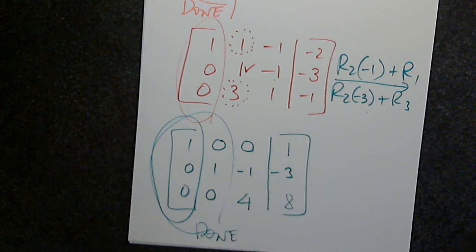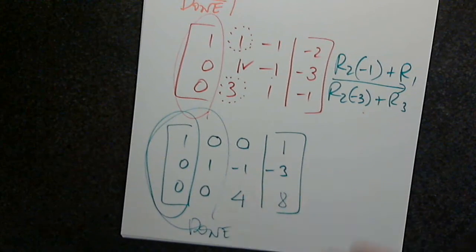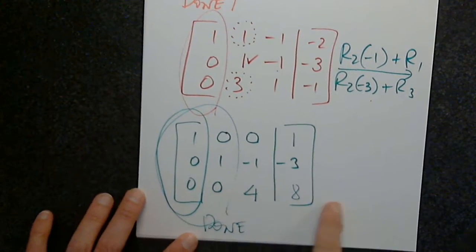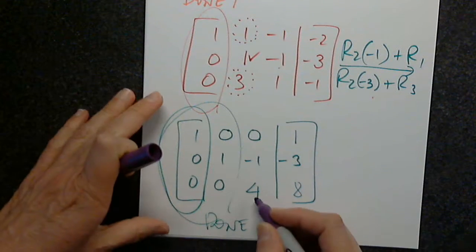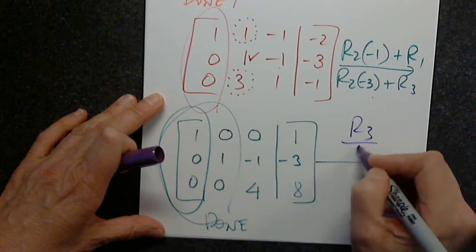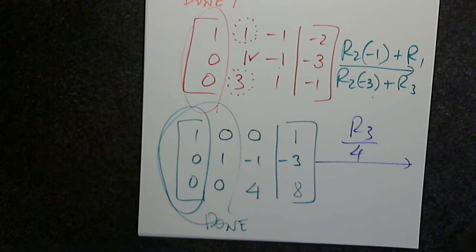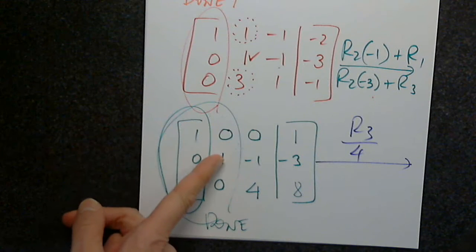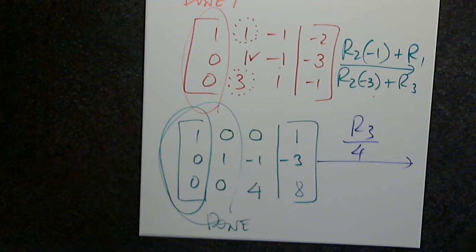What is my next step? It cannot be anything else. Yes, I want this spot to be a 1. Is there anything I can do to both sides to get a 1 here? Exactly. Row 3 divided by 4. Excellent. I'm done with this, and I have to be on the last step. Better? Perfect.